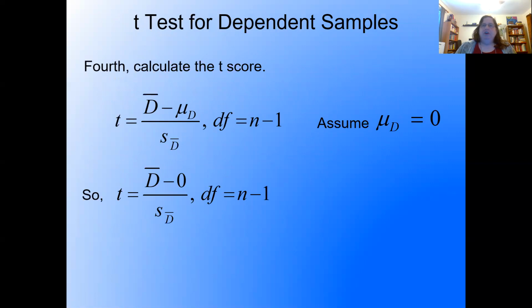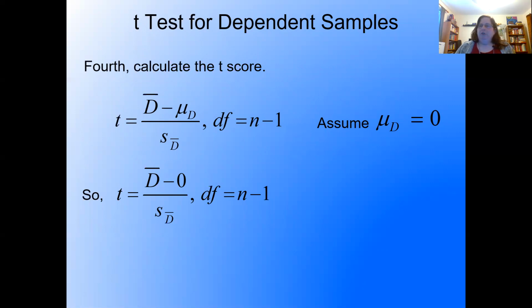Finally, we calculate our t-score. We take our difference mean minus our population difference mean over the standard error of the difference means, with a DF of n minus 1. Now, if you recall, we were assuming that mu d equals 0.